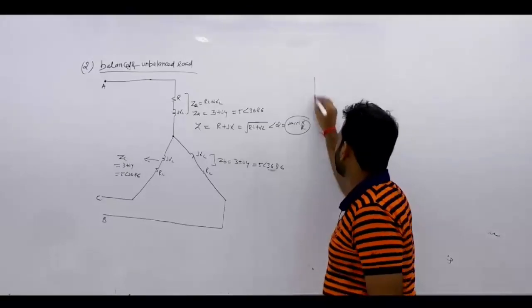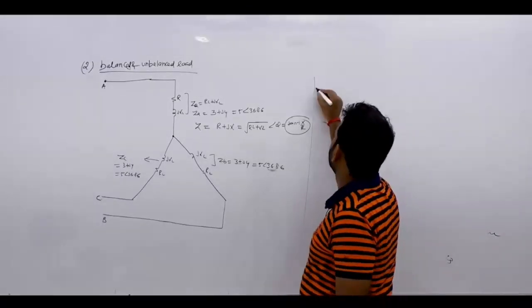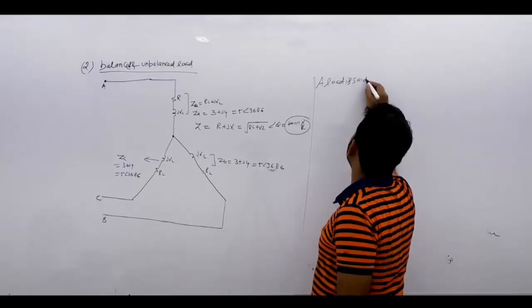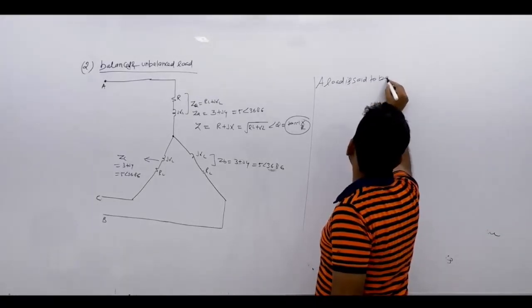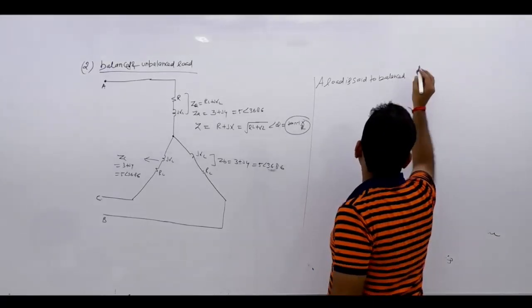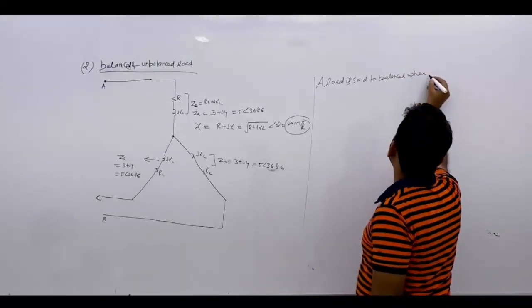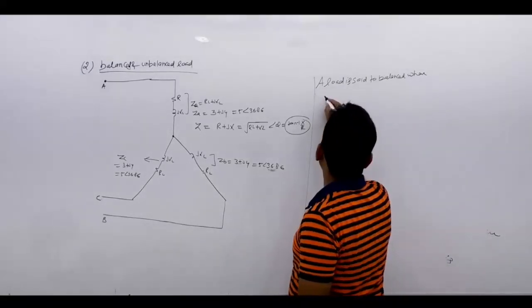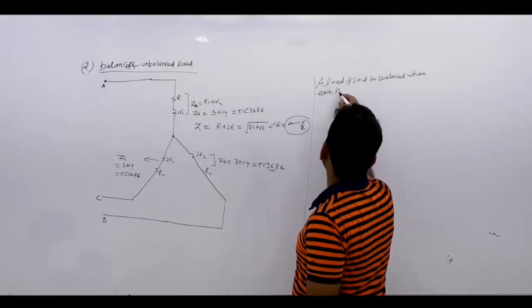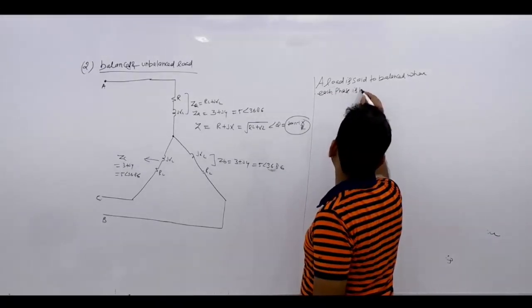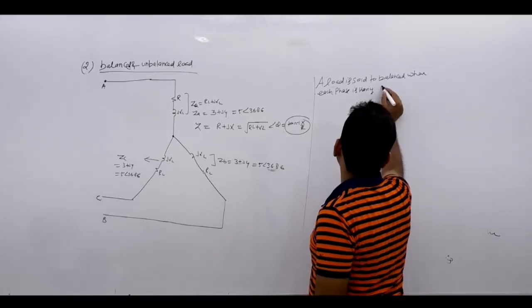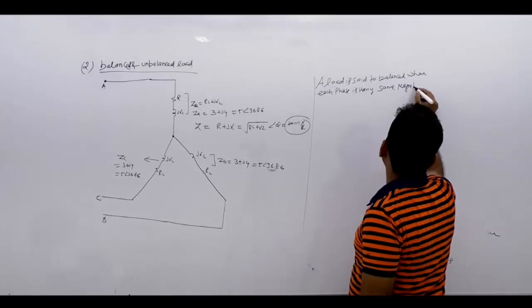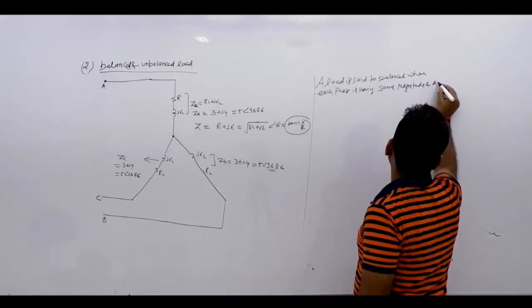So देखते हैं definition क्या लिखी जाती है. A load is said to be balanced when each phase is having same magnitude and angle.